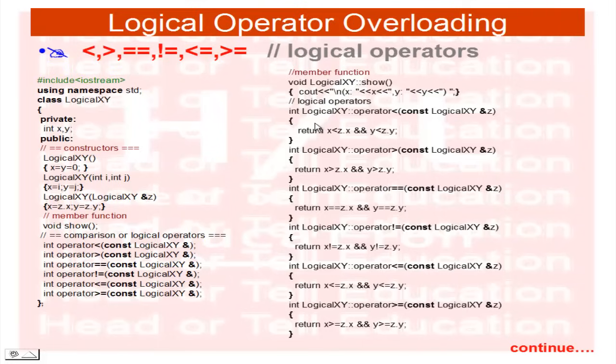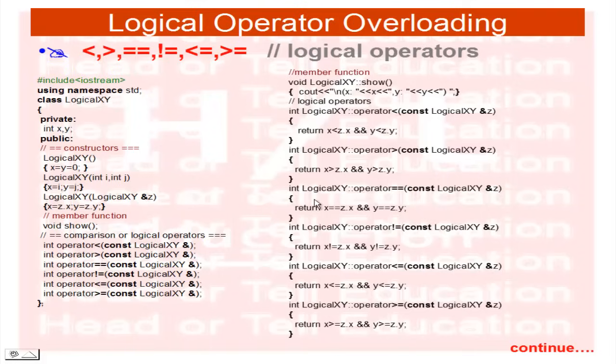Now we know that for logical operators the result output is only 0 or 1, which is integer data type. 1 is always true and 0 is always false.